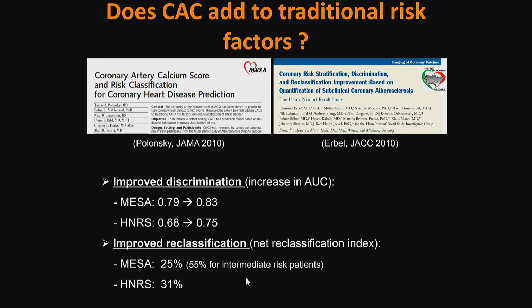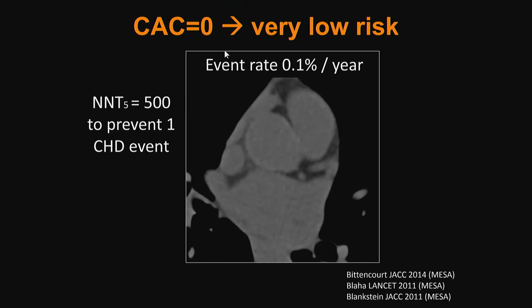But while we've typically used calcium score to try to identify patients that have a significant amount of calcium who have higher risk, we have now realized that as important, or perhaps even more important, is the ability of a calcium score to identify individuals that do not have any plaque.